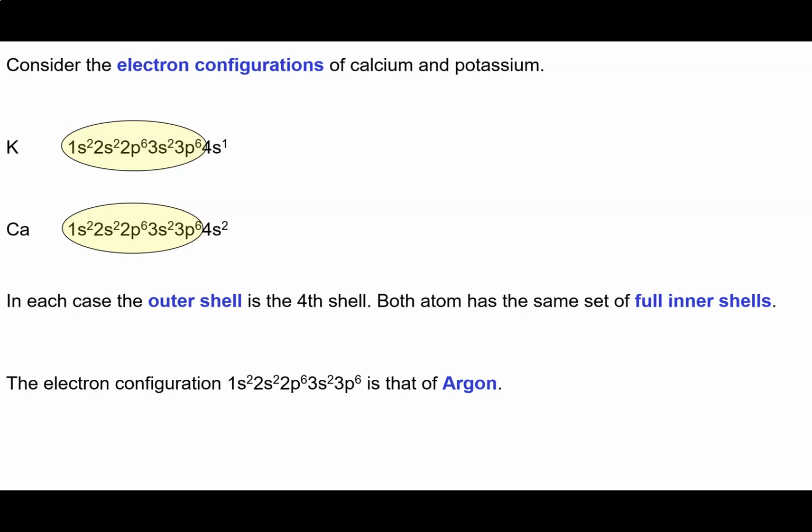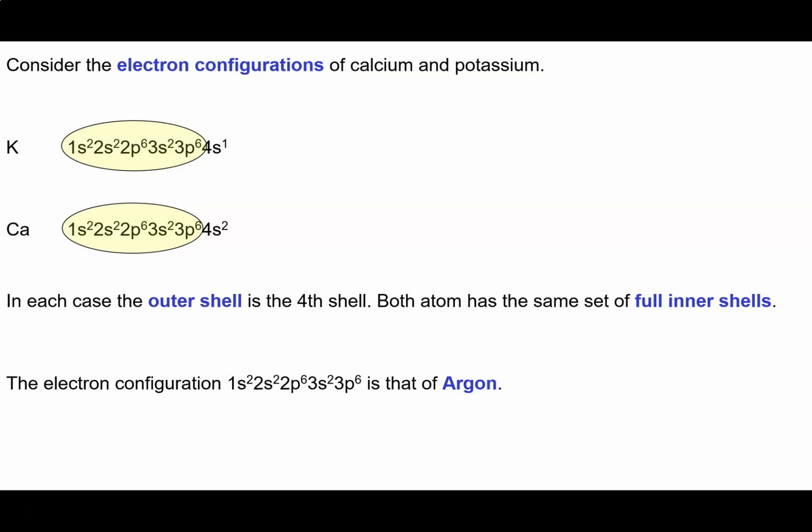So if I look at the electron configuration of two elements like calcium and potassium, what I recognize is that they have some parts of their electron configuration in common. In particular, I see that their core electrons, the first 18 electrons that I've highlighted here in yellow, all have the same electron configuration.